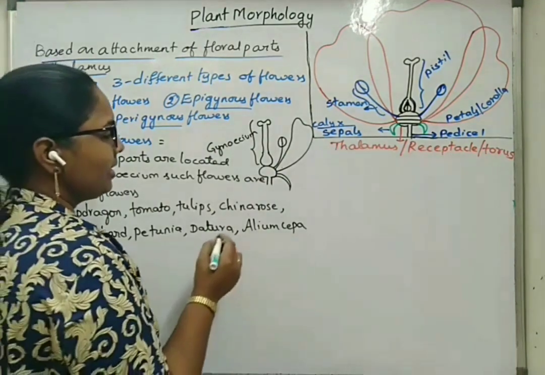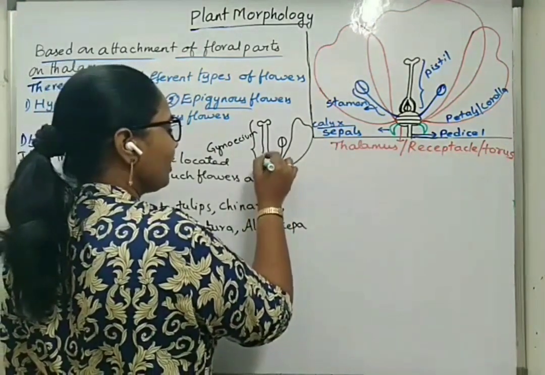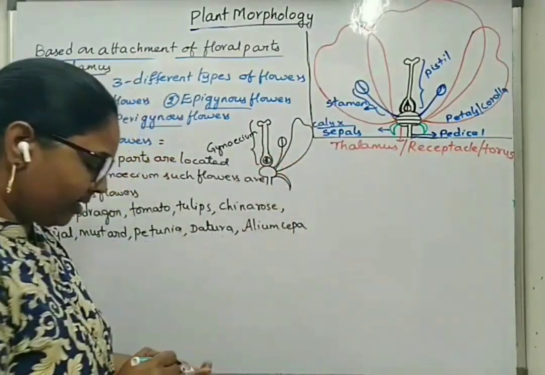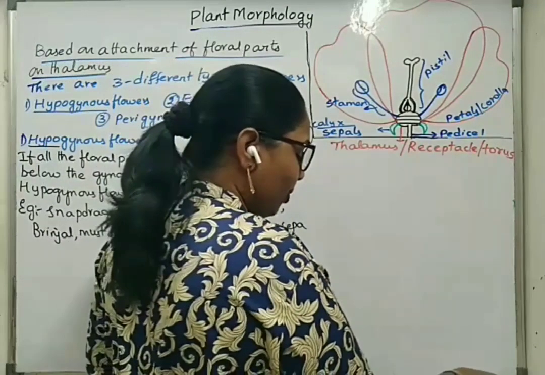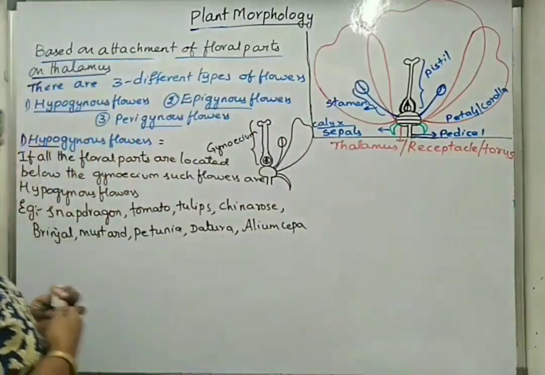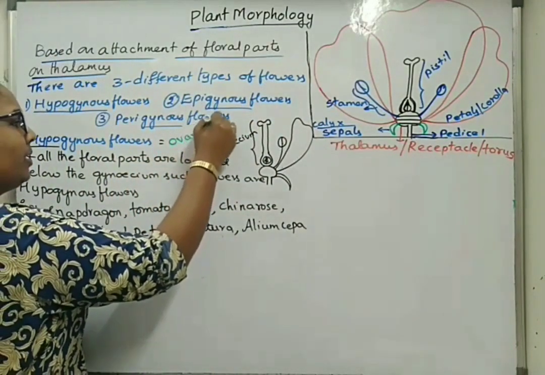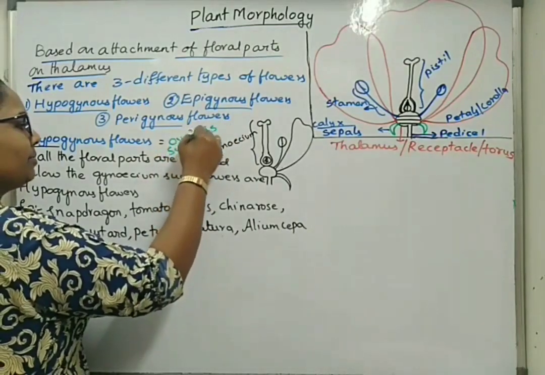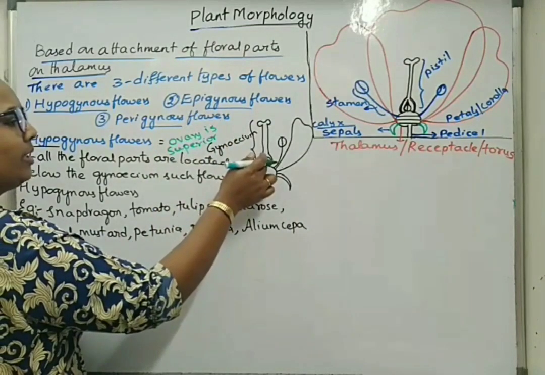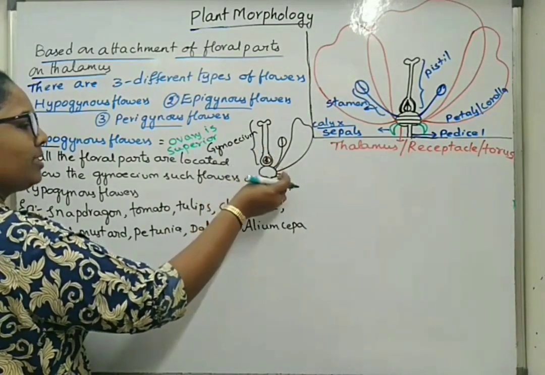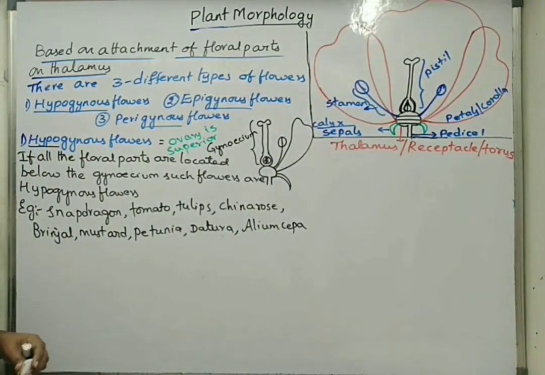Here we are seeing one important term, that is this gynoecium part is above all the other remaining floral parts. So we can say here ovary is superior. Ovary is above, means ovary is present in the gynoecium base part. It is above all the floral parts. So we are telling ovary is superior in case of hypogynous flowers.